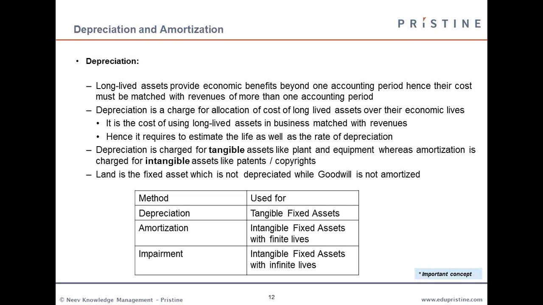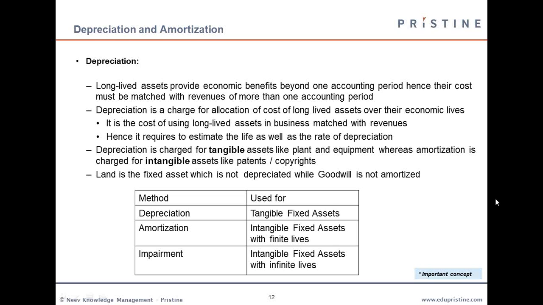Because land is anyway there, it's not like the land goes off or some part of the land is going off. However, in the case of a machine or plant, the machine after usage becomes less efficient. So there we have to use depreciation.